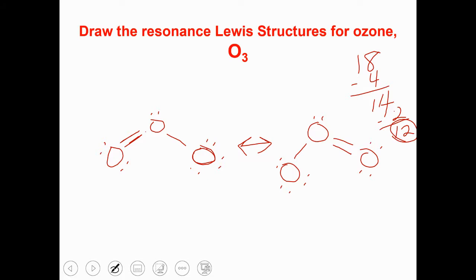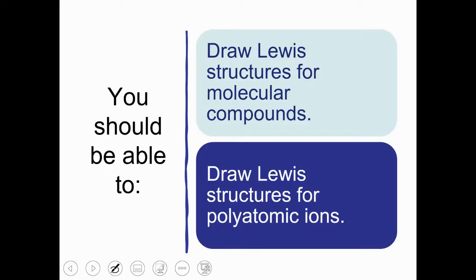So remember, anytime you're trying to work out a Lewis structure, first figure out how many valence electrons you have to use. Then draw the skeletal structure, subtract out the electrons that you used drawing the skeletal structure, and then examine your structure and see how many more you need and compare that to how many you still have.